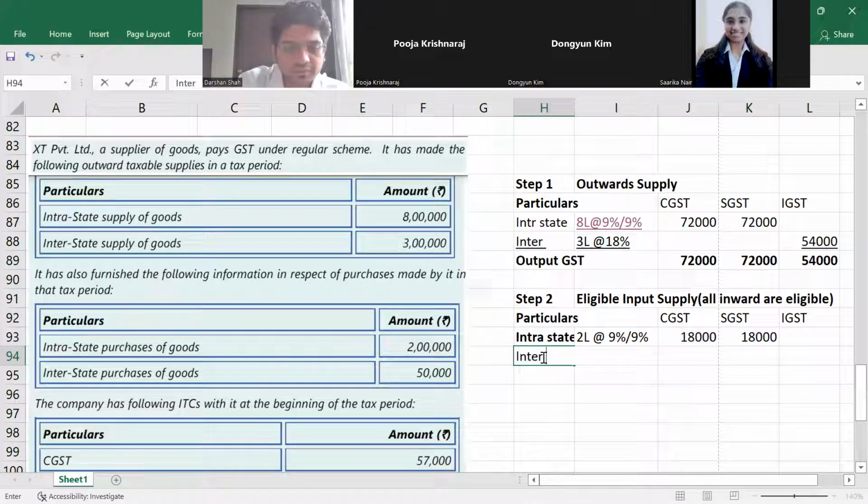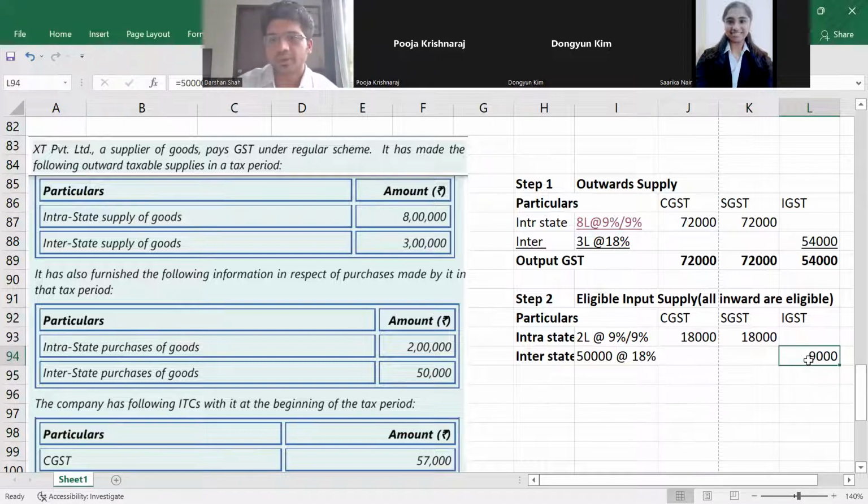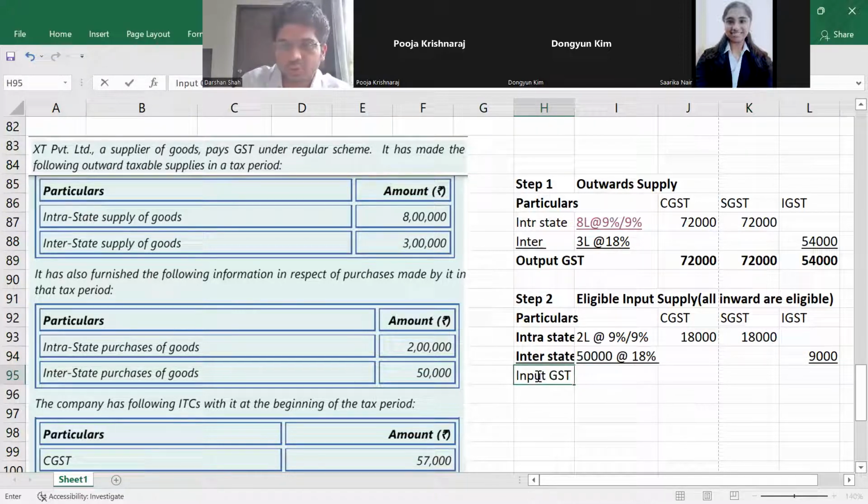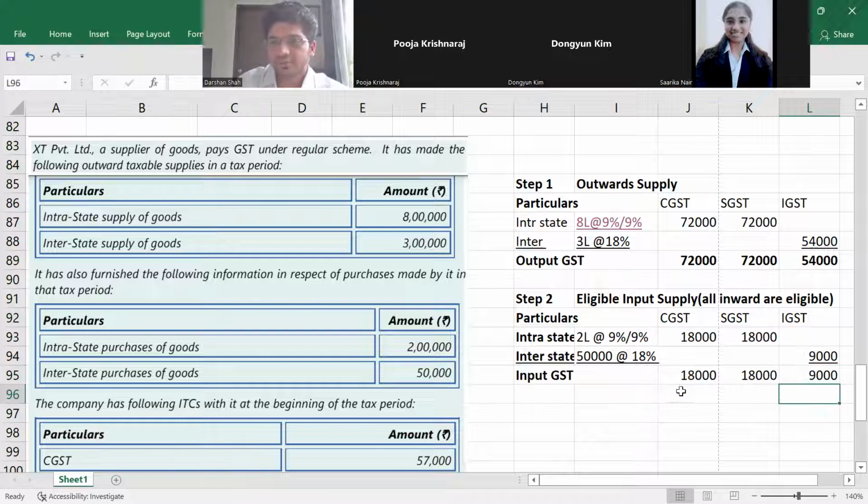And then interstate is how much? 50,000, right? 50,000 at the rate they have given, 18%. So 50,000 into 18%, 9,000, right? So my input GST will be how much? Input GST will be 18,000, 18,000 and 9,000. Okay. And then my opening balance is how much?